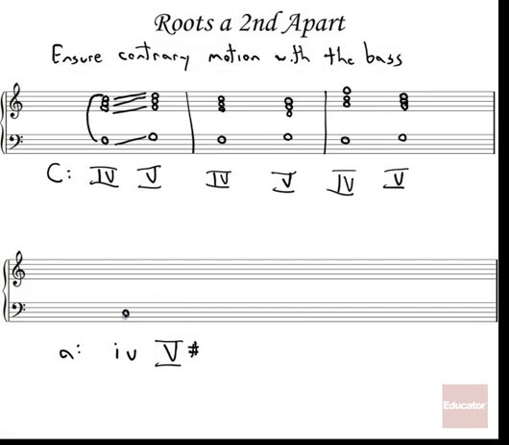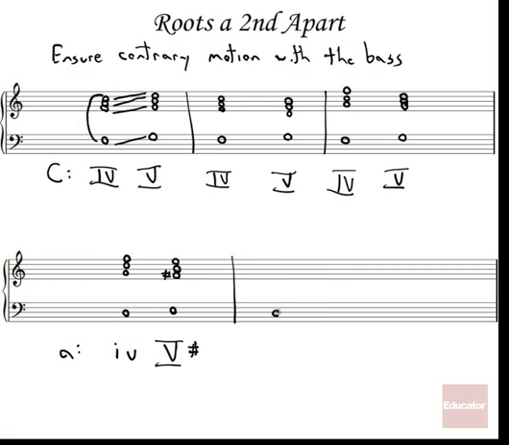So the bass line would be D to E, and let's say we start with the minor chord here, A, D, F. So again, we want to make sure we have contrary motion, so we can take the A down to the G sharp, and then the D down to a B, and the F down a half step to E. And let's do that one more time with a different disposition of the first D minor chord.